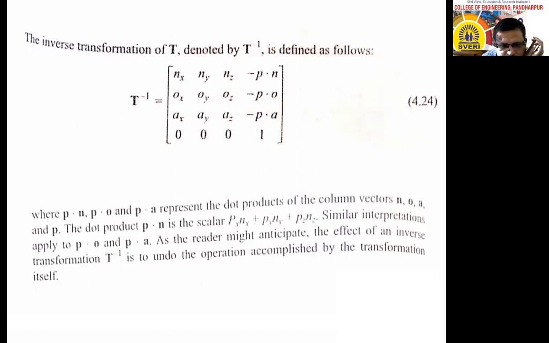The dot product p·n is the scalar px nx plus py ny plus pz nz. Similar interpretations apply to p·o and p·a. As the reader might anticipate, the effect of an inverse transformation T inverse is to undo the operation accomplished by the transformation itself.